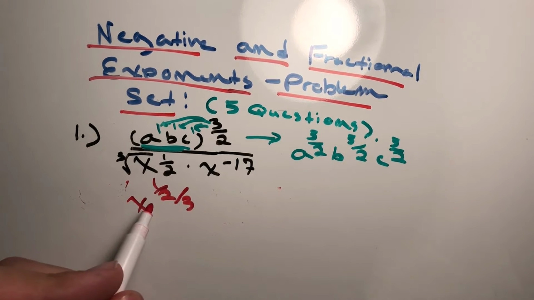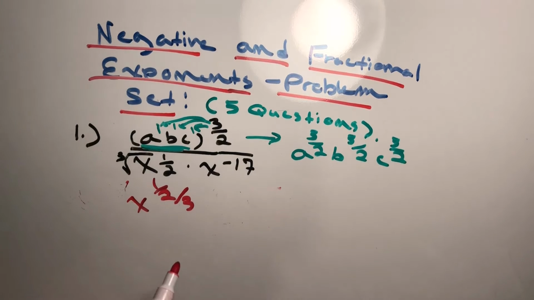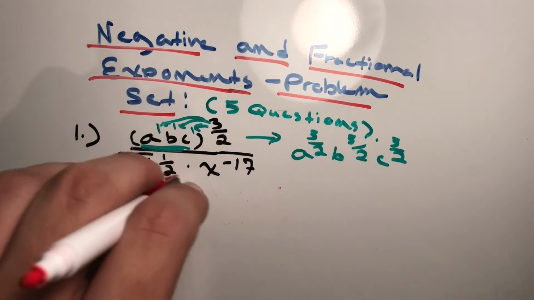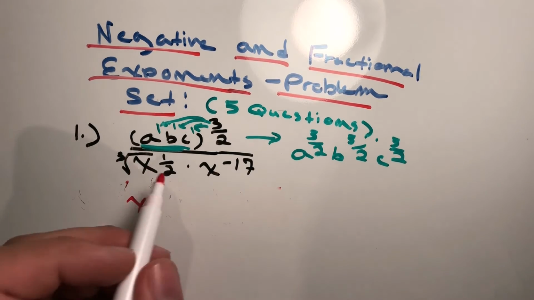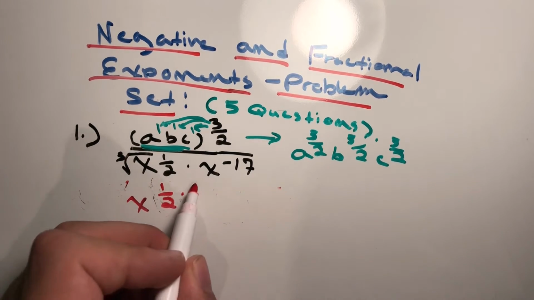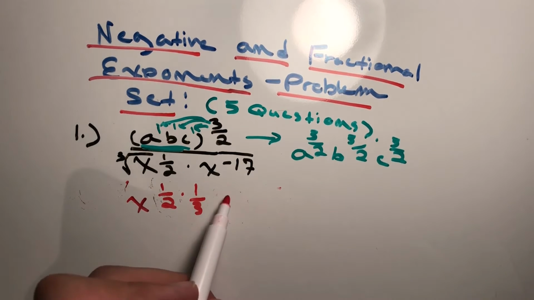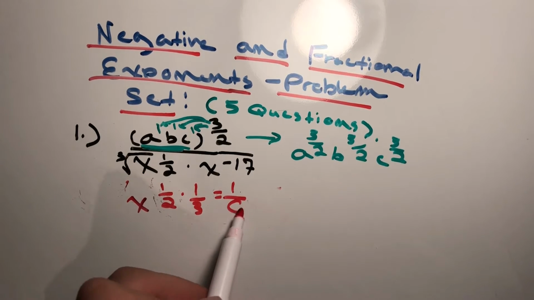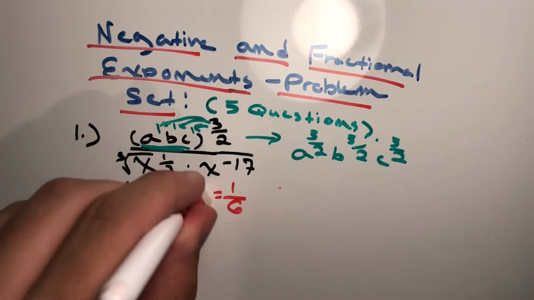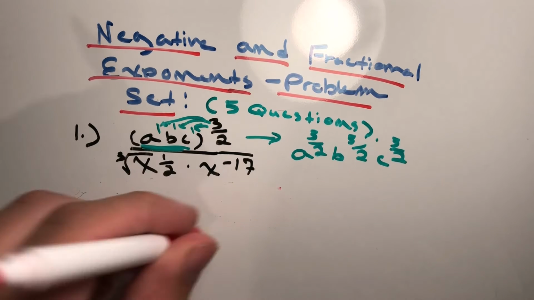That's what this would simplify to. And when we have 1/2 divided by 3, that's really the same as 1/2 times 1/3, right? Great, and that's going to give us 1/6. So this whole thing here in the bottom is going to become x to the 1/6, great.